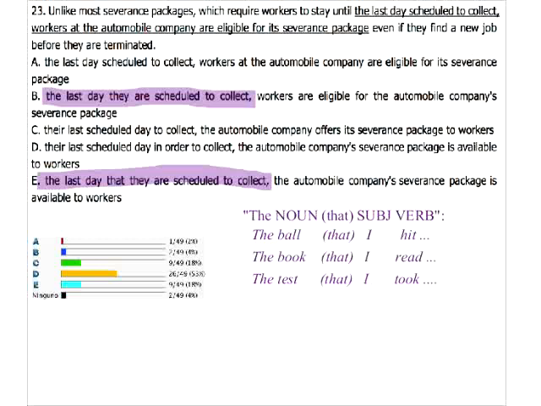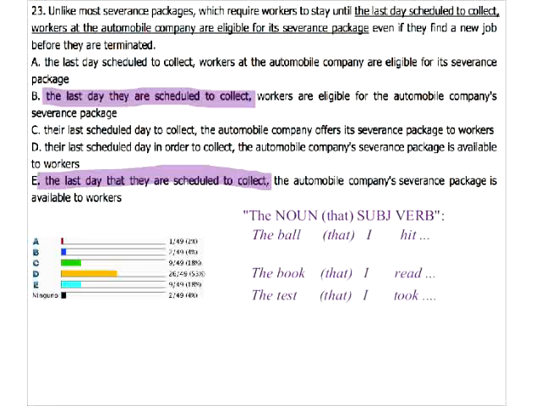So how does this construction work? I hit the ball is what the ball that I hit means. In other words, if you guys know what an object of a verb is, that's kind of what this is. It means that I did this action to this thing.